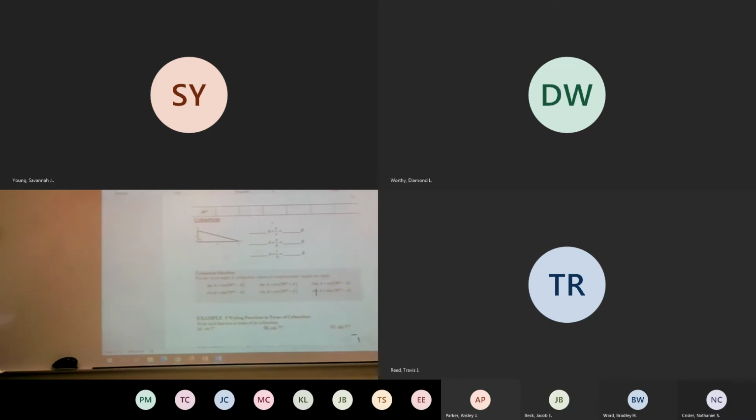So the secant of A is the same as what for B? I'm sorry. C over B, which is going to be hypotenuse over the opposite.